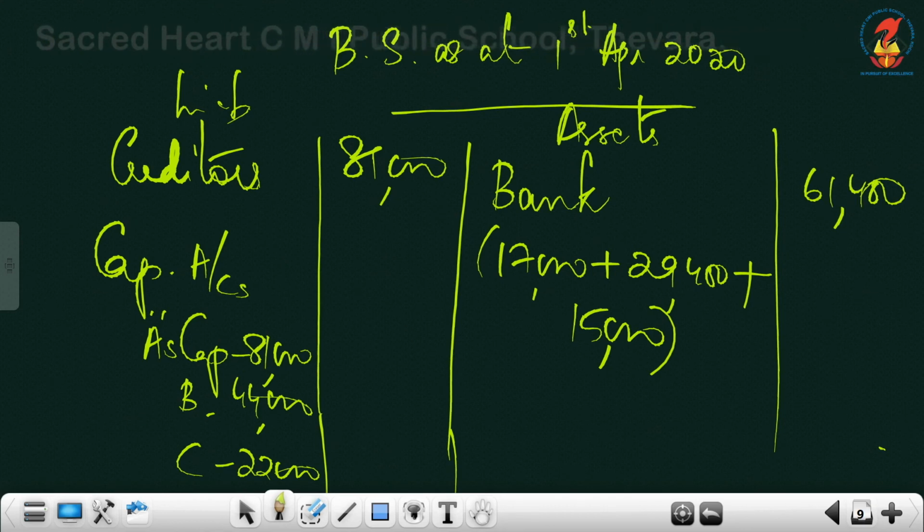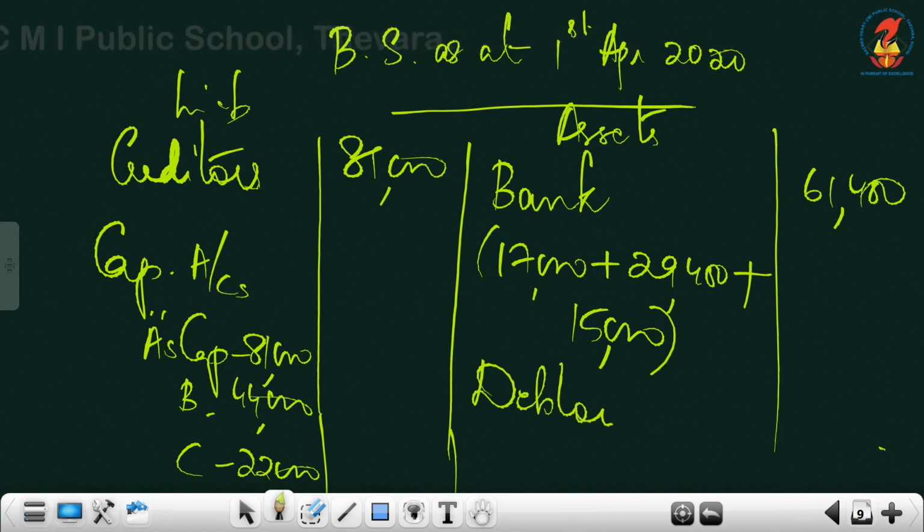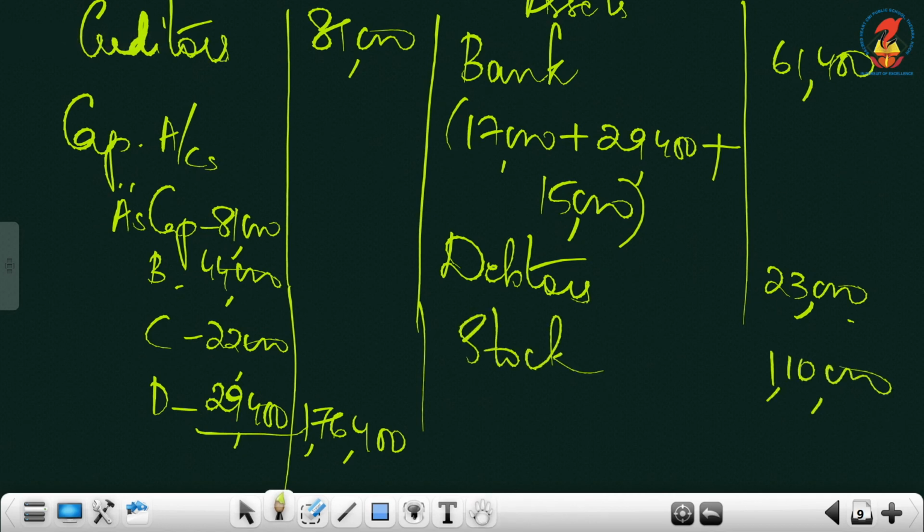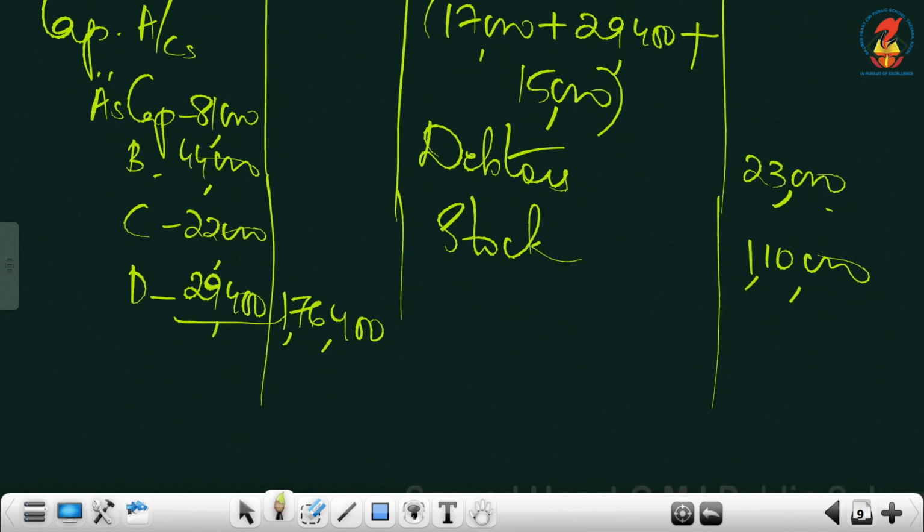Then what's the next asset there? Debtors 23,000. There is no change. Then you have stock 1,10,000. Then investments, there was a reduction in the value, and now the actual value, means the market value, we have to take, 24,000.